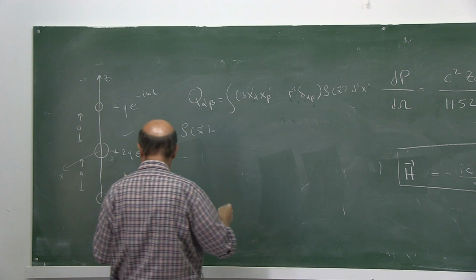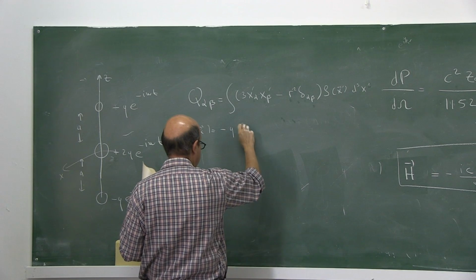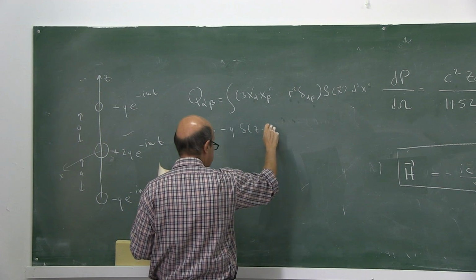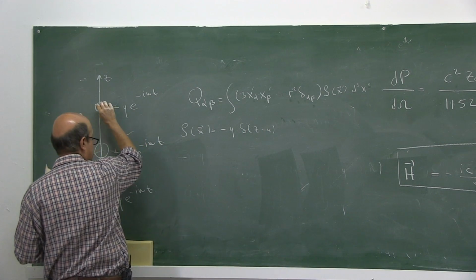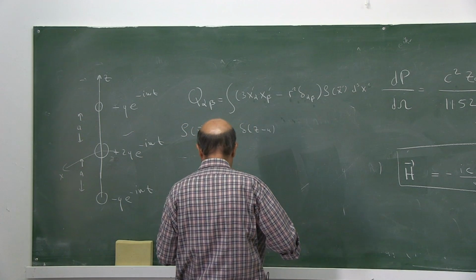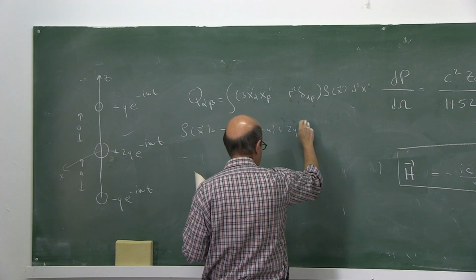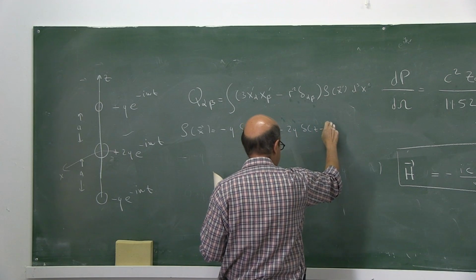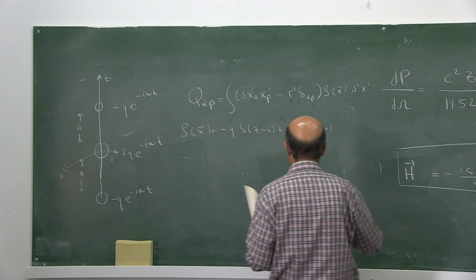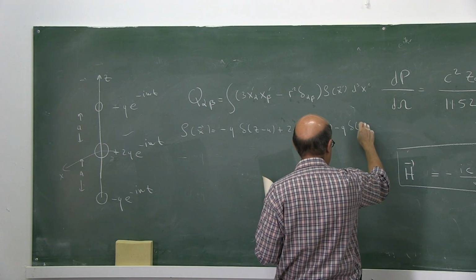So then your charge density will be: minus q delta z minus a represents this charge when z equals a, and plus 2q delta z at the origin, minus q delta z plus a.